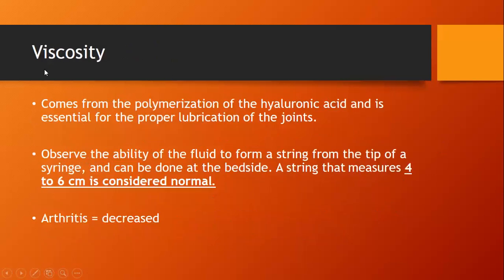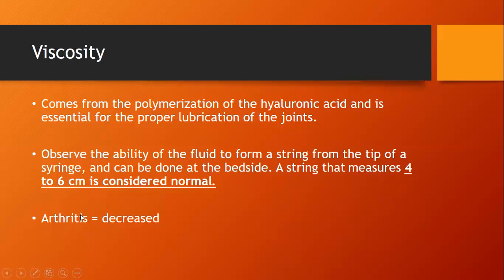Viscosity is caused by hyaluronic acid, such that normally your synovial fluid is viscous and forms a string. When you hold the fluid to form a string from the tip of a syringe, it should form a string that measures 4 to 6 cm.